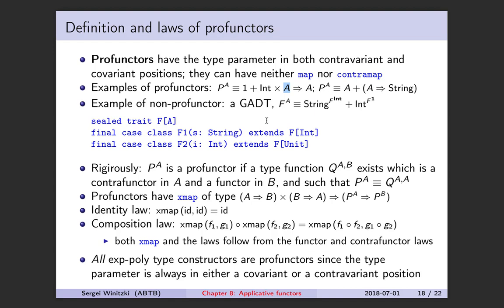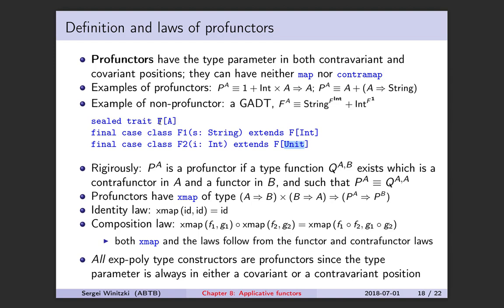And here's an example in Scala. So you have a trait which is parameterized by type A, but there are only two case classes that implement this trait, and they have specific type parameter values here, Int and Unit.